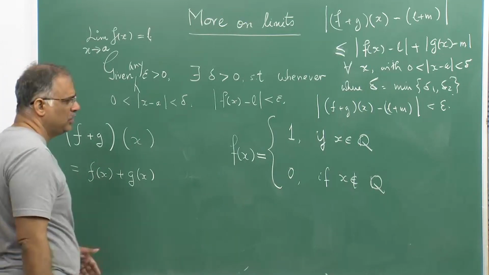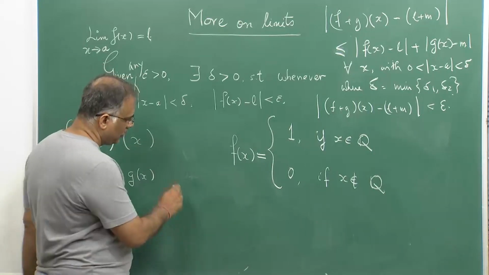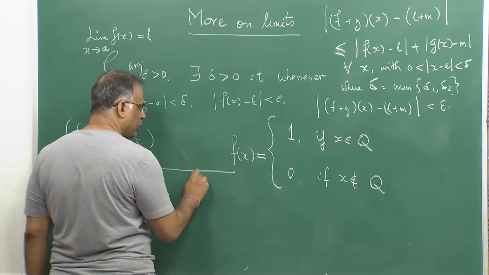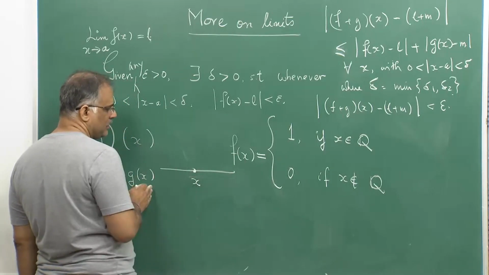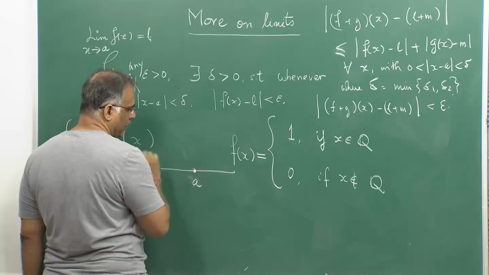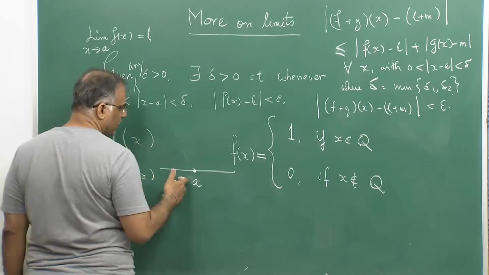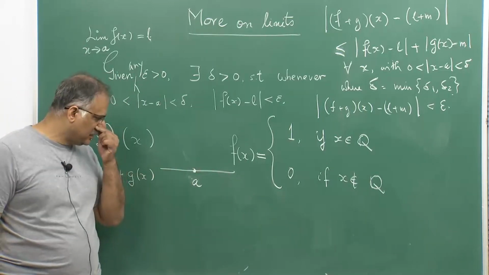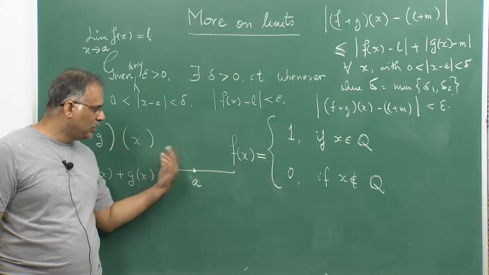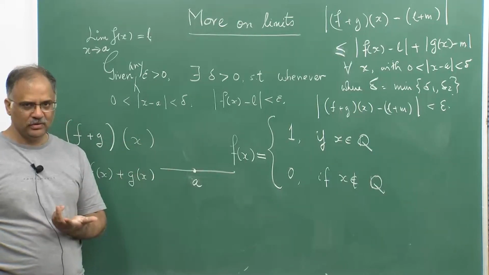This function does not have any limit, because say I take a to be a rational number, and now x is approaching a from both sides. Among these x's there will be rationals as well as irrationals.